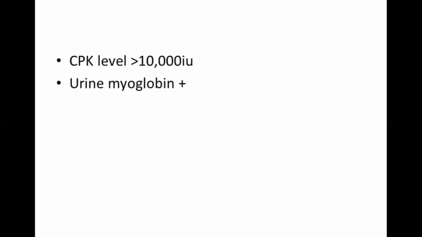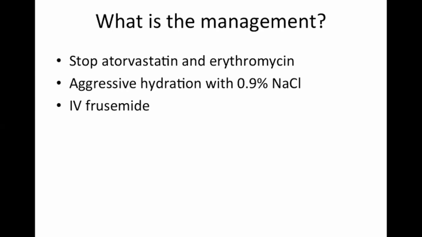In fact, the patient's CPK came as more than 10,000. Urine myoglobin was positive, and the management is to stop the atorvastatin and also erythromycin, and then give aggressive hydration with 0.9% sodium chloride, and you can also give some furosemide to flush out the myoglobin.